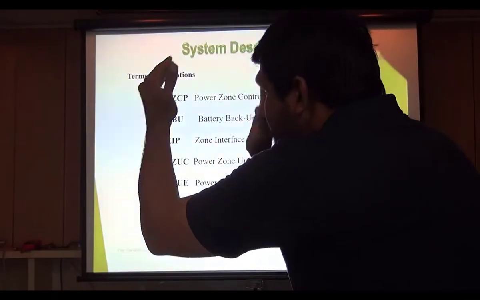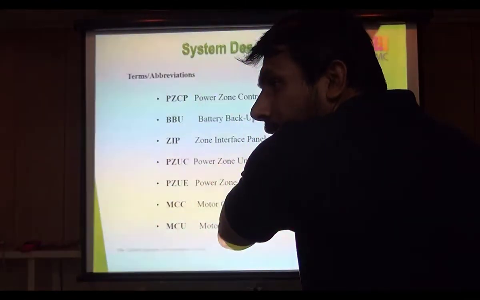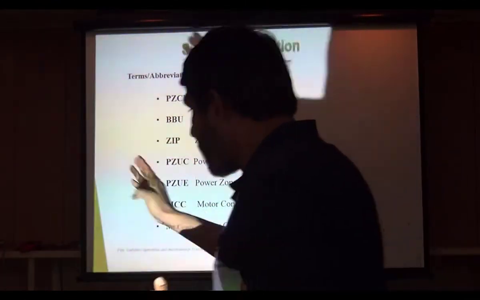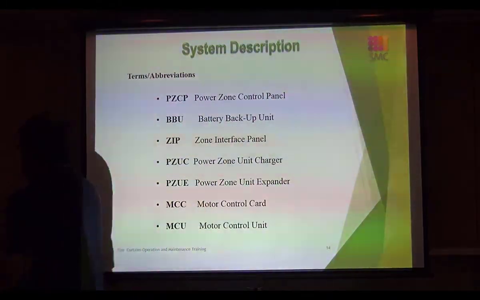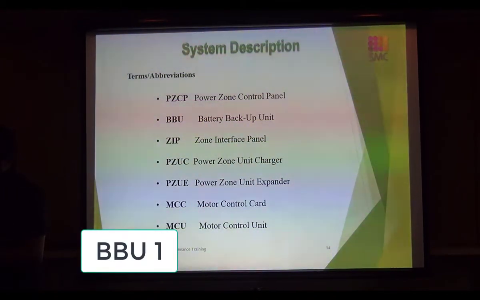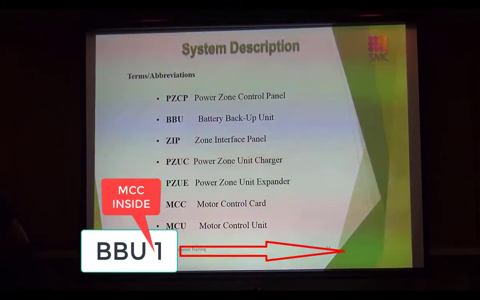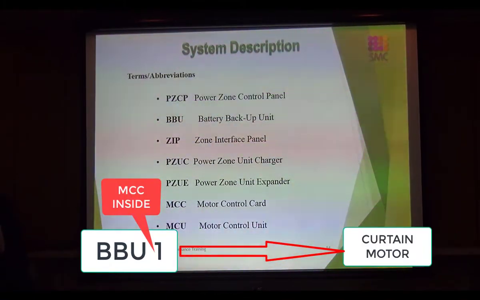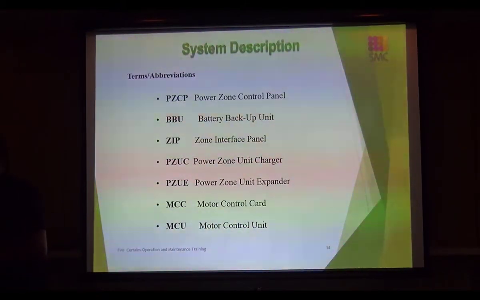But it doesn't mean that if you have only one curtain you cannot use a BBU CAM. You can use a BBU CAM for one curtain, but then you have to supply this separate MCU card. BBU1 will have its card inside, but with BBU CAM you have to supply one MCC before the motor. You got my point? Yeah, theoretical but practical. Later on we'll discuss this.